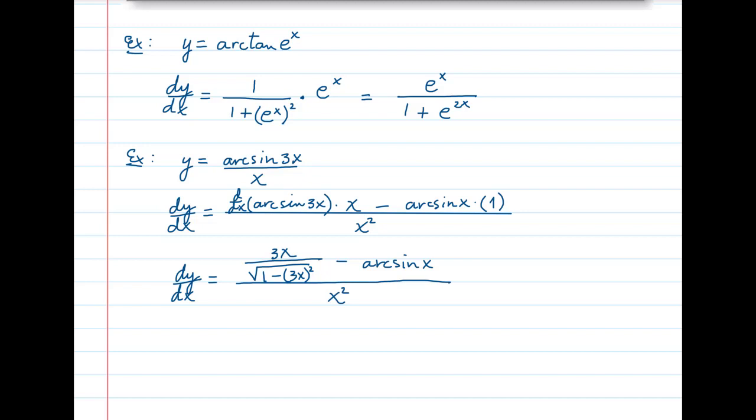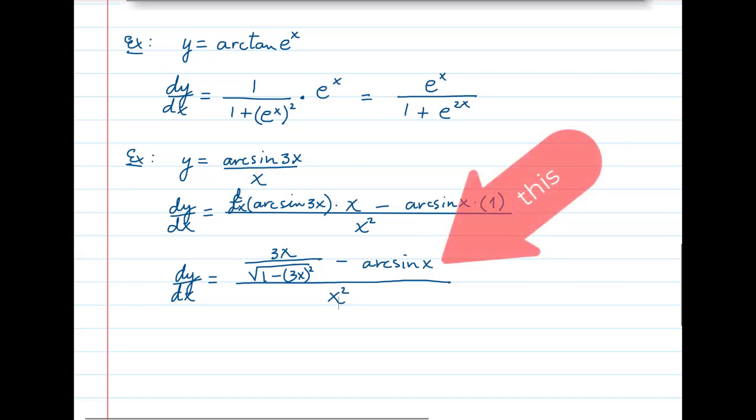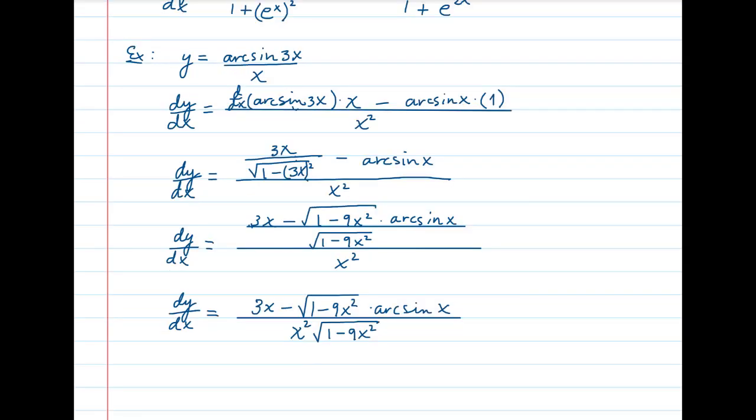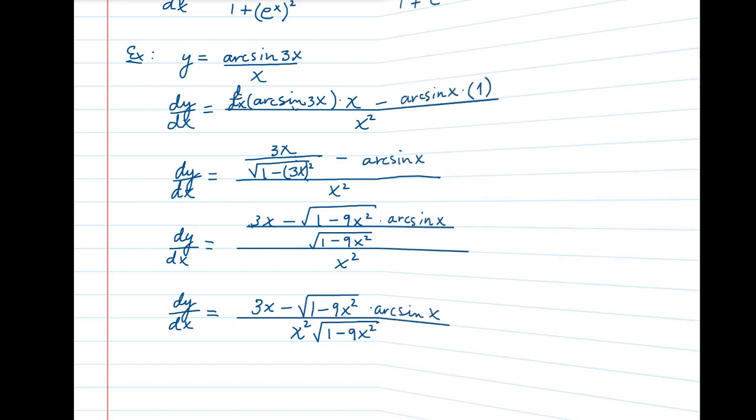All of this is divided by x squared. Now remember, guys, this little typo here, that should have been arc sine of 3x, not x. Now, at this point, we're done with the derivative. We just want to simplify the expression a little bit so that we don't have a fraction over a fraction. So the rest is just algebra here.